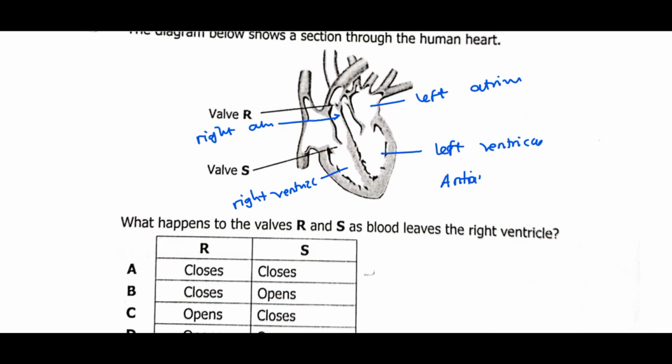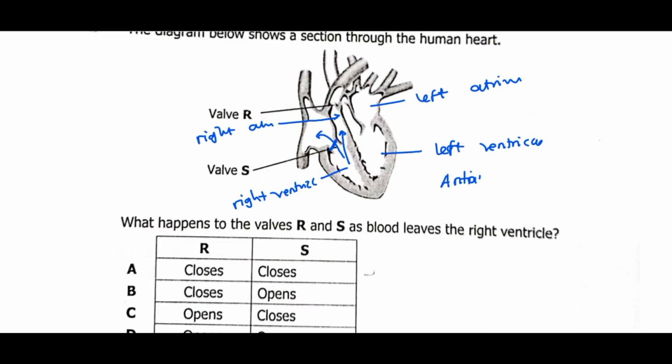So the point is, blood leaves the right ventricle. For blood to move from the right ventricle into the right atrium, it has to go in this direction. So in moving in this direction, this must close. Why must this valve close? To prevent the blood from going back into this vessel here.